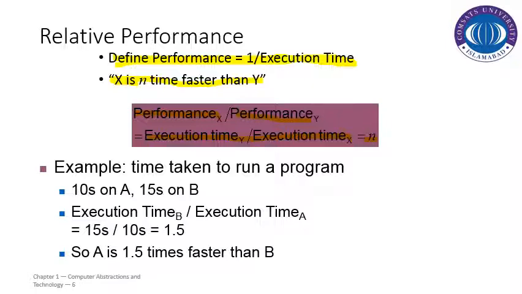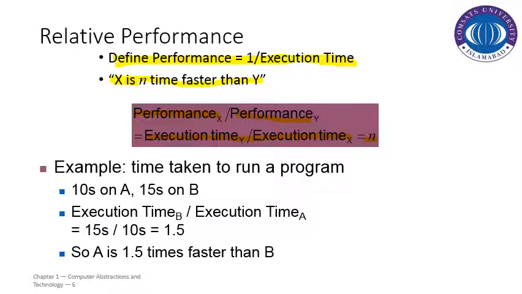If n equals 1, that means both execution times are equal and there is no performance difference between the two systems. And if n is greater than 1, then the x system has improved performance compared to the y system by a factor of n, or n times.